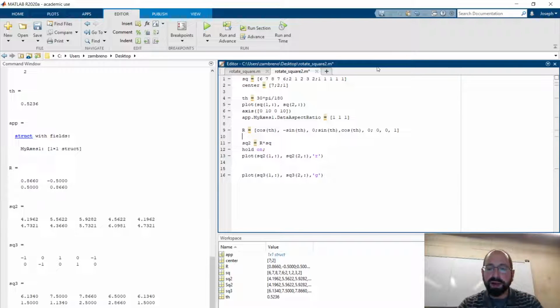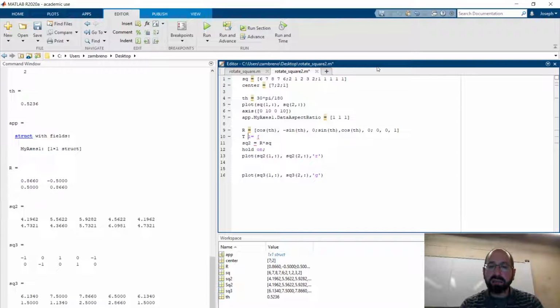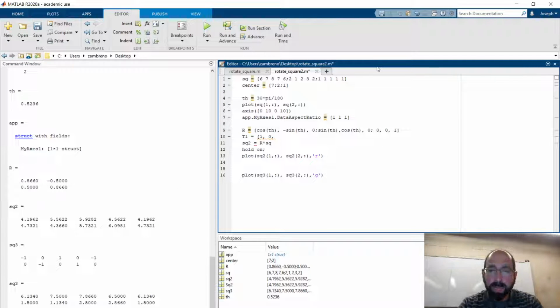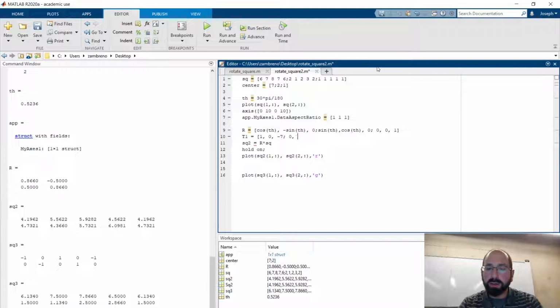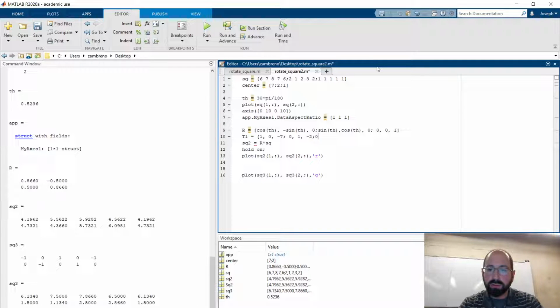Instead of this center stuff that we're doing here, we can then define our translation matrix as being what we showed here with regards to what translation would now look like, which is basically an identity matrix with the values we want to translate by. We need to do this twice though, right? Because first, like we did previously, we need to translate to the origin. 1, 0, we'll just manually do it, that's fine. 0, 1, negative 2, 0, 0, 1, 1.